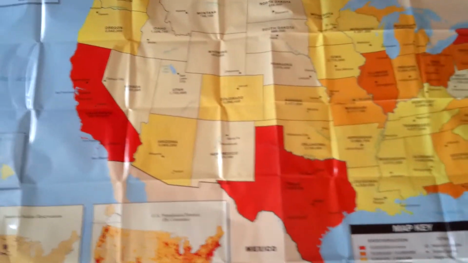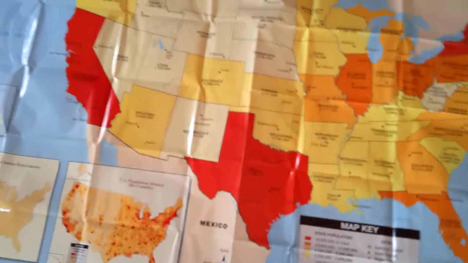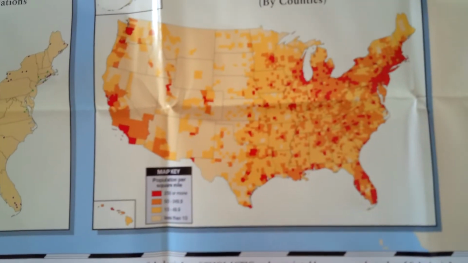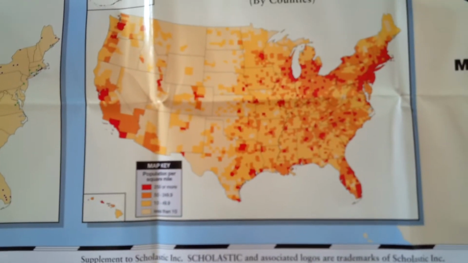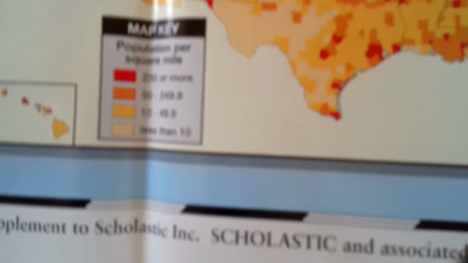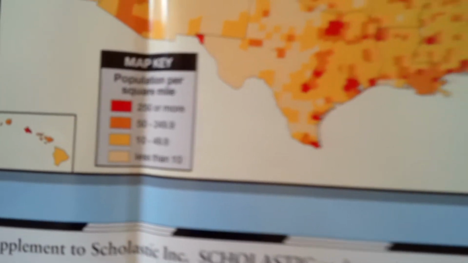Now as we look at this map right here, red, just like red in this map, the red shows the counties that have the most population. That same key of how we look at the maps, that's for the counties.